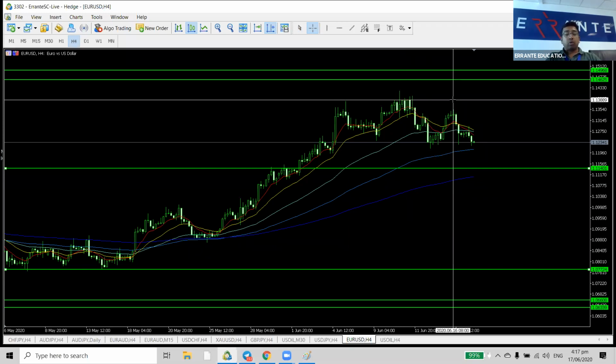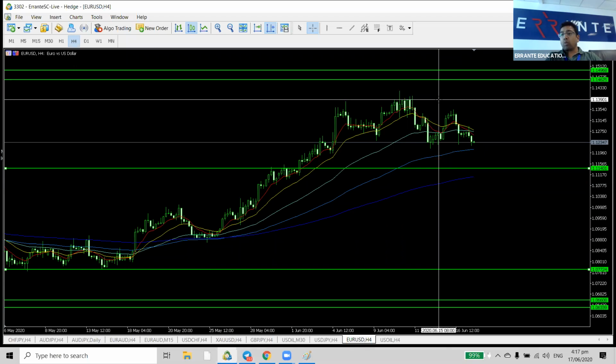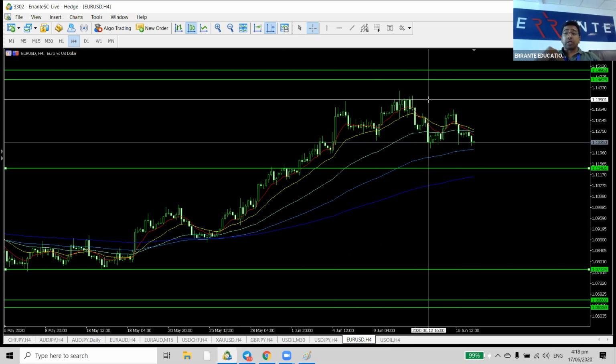For example, I'm looking at Euro USD, and from the body of the candle's perspective, it has reversed at 1.1390. So 90 is just 10 pips under the 1.1400 psychological number. Imagine you're buying and buying and buying, and your eyes are aiming at 1.1400, but then look at where it reversed.